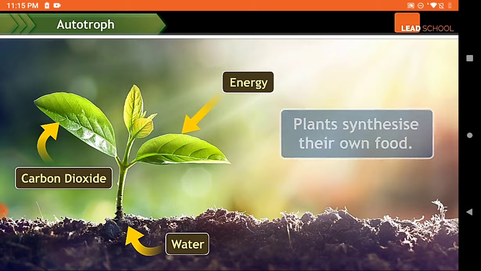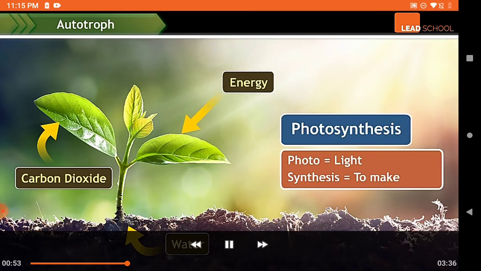One of them, carbon dioxide, is also present in air. They take carbon dioxide from the surrounding air. And the third one is water. Water is inside or beneath the land or earth. So from the soil or sand which is surrounding or near these plant roots, they take water from the earth.